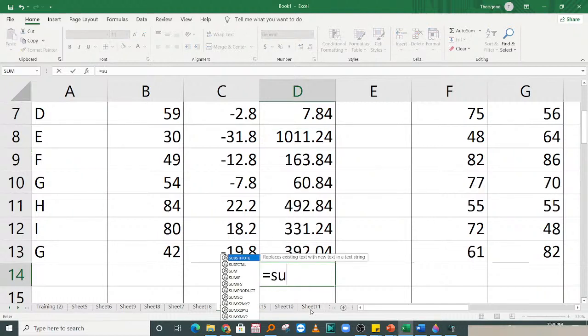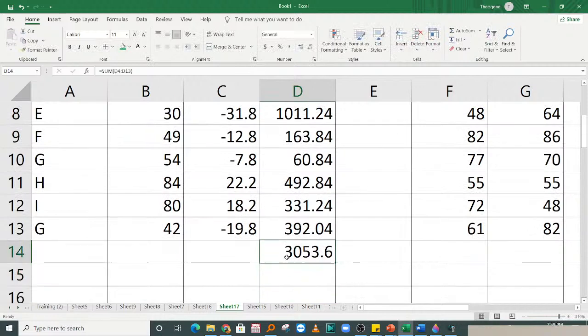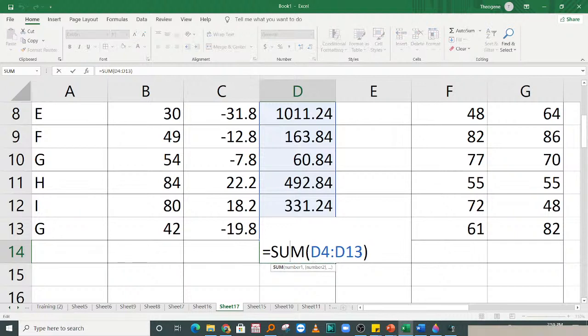The sum of the squared deviations is equal to 33,000. After calculating the sum, I calculate the average.